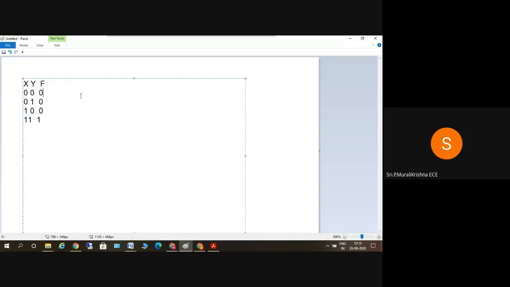Using this truth table, I have to check only for the output of 1 here. So F is equal to XY, because it's very clear.